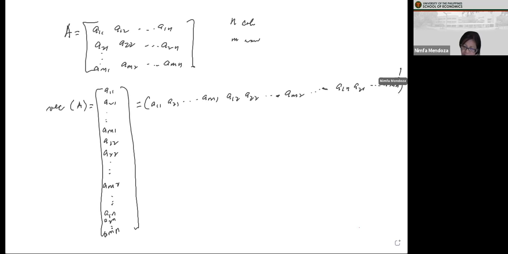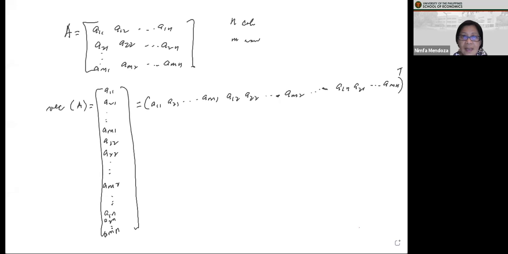And then you put transpose, so you get the same vector. That is what we mean by vectorization: the entries of A are stacked column-wise, forming, in this case, a vector of length m times n.